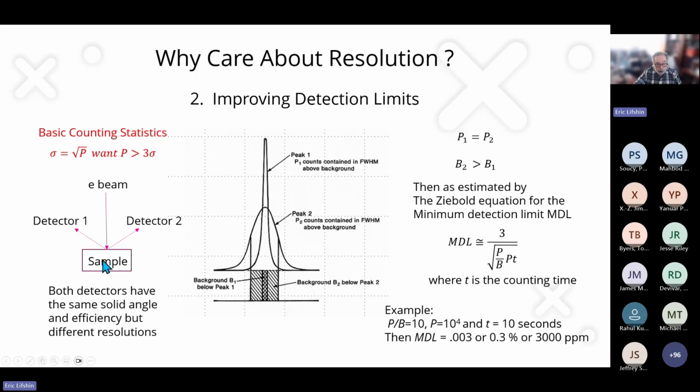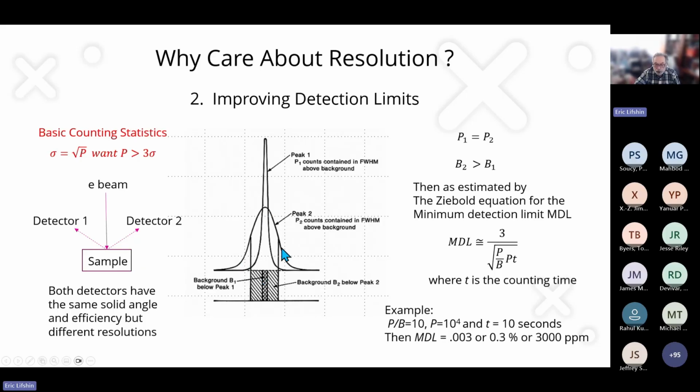So imagine the following experiment. Let's say we have a sample, an electron beam, and 2 detectors. One has really great resolution, could be a diffraction spectrometer, or the best state-of-the-art EDS. The other one is not so good a detector. And so what we see here is peak 1 from the high resolution spectrometer is only sitting over a very small amount of background, because assume the continuum is fairly uniform over this range.